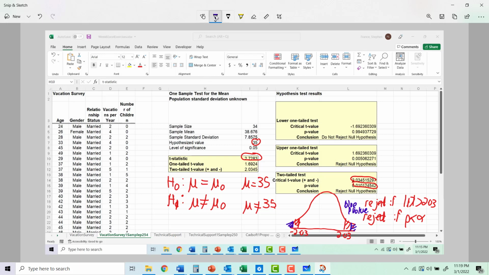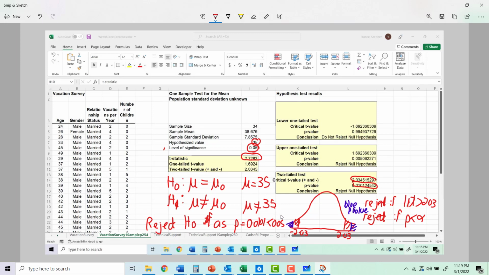So what we could do is reject H0, as we could actually do since the absolute value of t was greater than 2.03, which it is because it's 2.73, but we're going to be simple. It's because p equals 0.0101, which is less than 0.05, our level of significance.